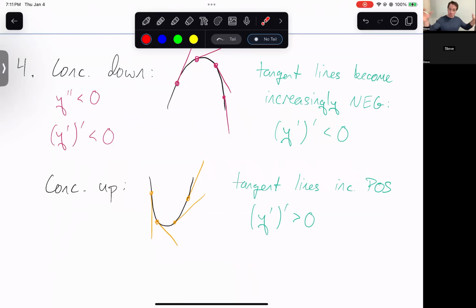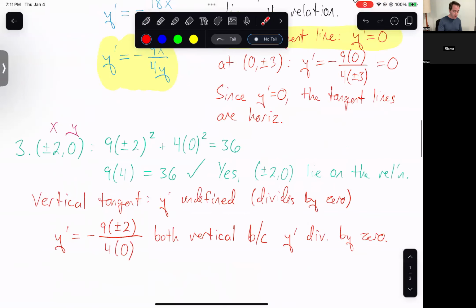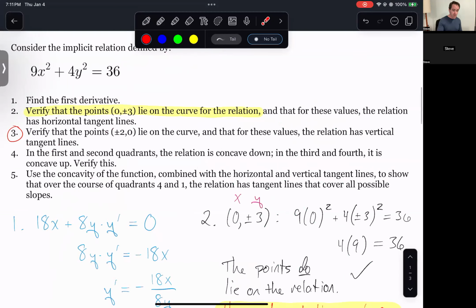Okay, we've got this concave down, concave up business. Go and recall the actual question. In the first and second quadrants, the relation is concave down. And in the third and fourth, it is concave up. So I want to rephrase that as concave down means that we should be able to show y double prime is negative.